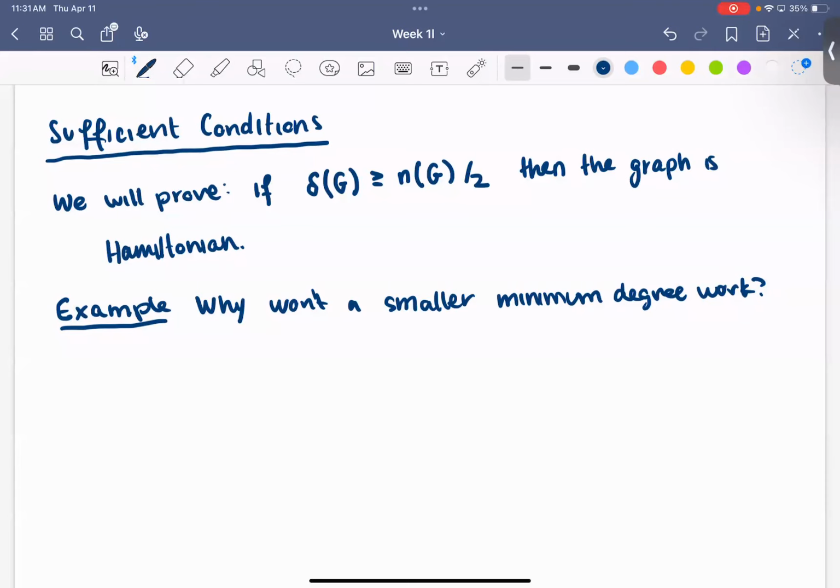So this is an example of a graph that is not Hamiltonian, and the minimum degree is one smaller than the one given in the bound.